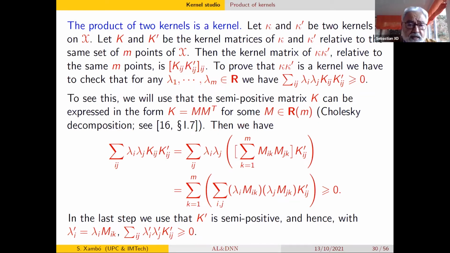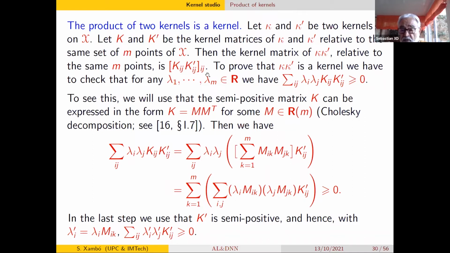Well, let K and K prime be the kernel matrices of kappa and kappa prime relative to the same set of M points of curly X. Then the kernel matrix of kappa kappa prime relative to the same points is this.